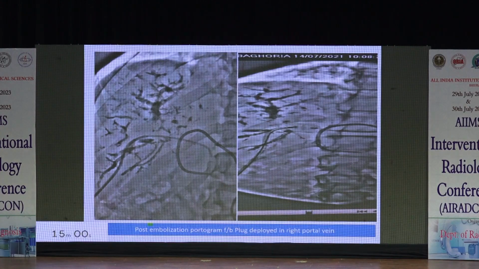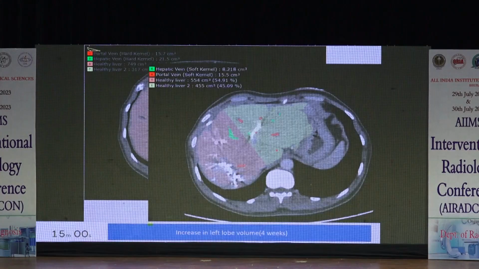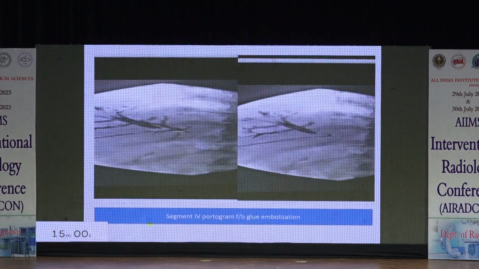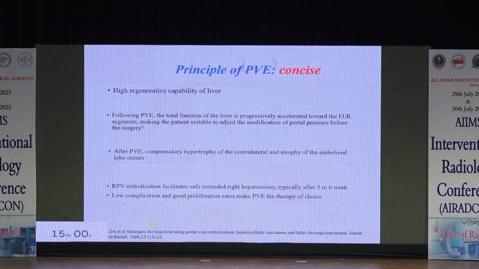In this kind of scenario, it is very important to delineate the portal venous anatomy, whether it is type A, B or C. Like in this patient, this is a type A portal vein anatomy. Again, in subsets of type A portal venous anatomy, what sir was trying to tell is that you need to measure the whole length of the common right portal vein.